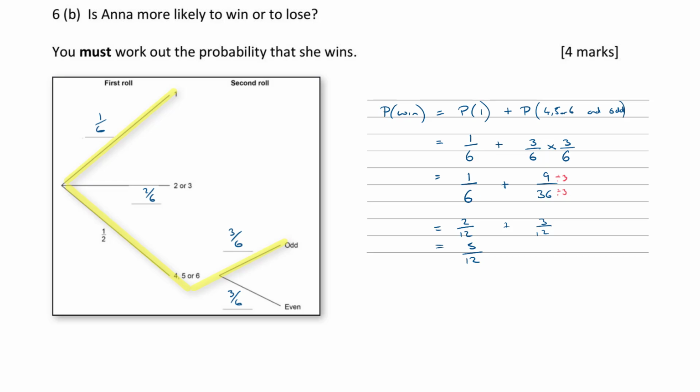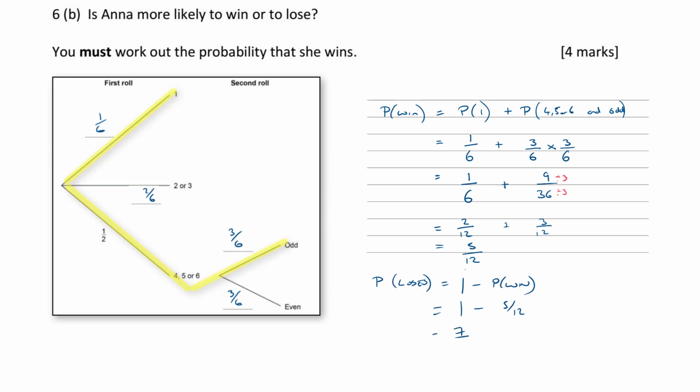So remember the question is Anna more likely to win or lose? Well, the probability that she loses is 1 minus the probability that she wins, isn't it? So that's going to be 1 minus 5 over 12, which is 7 over 12.